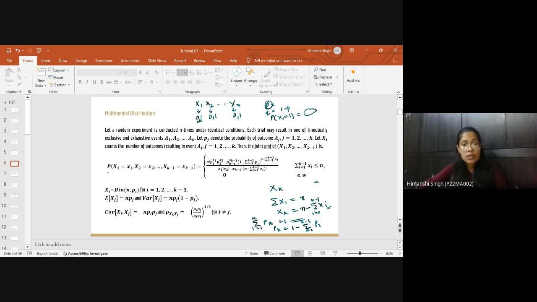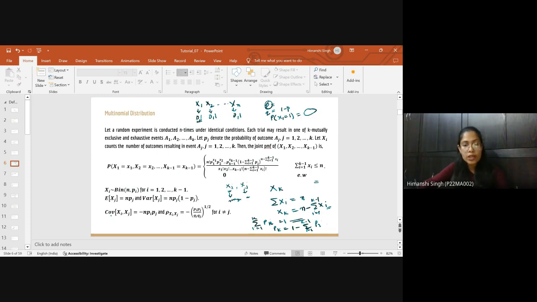Now, because xi is a random variable, xj is also a random variable. Now we are considering the marginal distribution of xi and the marginal distribution of xj. Now if we consider xi and xj together, then there will be a covariance term also.